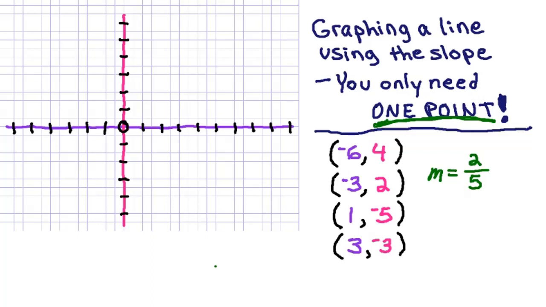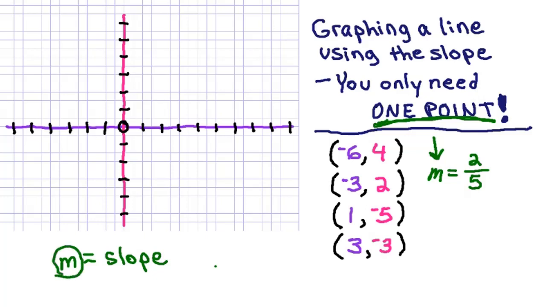Now, if you can see, I put the letter m equals 2 over 5. Lowercase m is what they use to represent the slope in math. You'll see that in the slope-intercept equation in a later video, so I'm bringing it up here so it won't be unfamiliar.